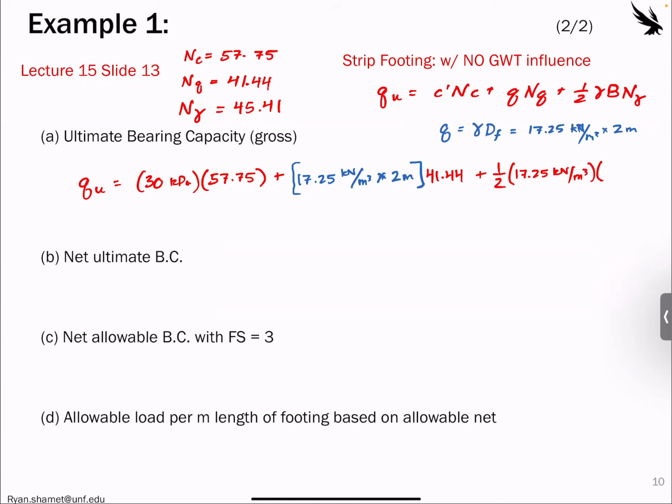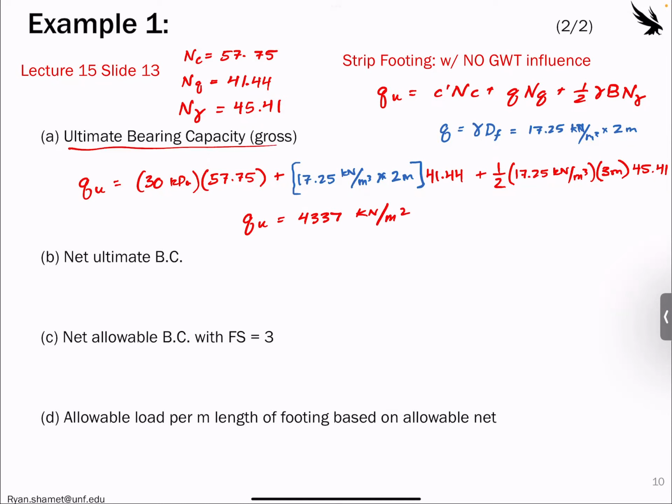Yeah, 3 meters, times the N gamma, which is 45.41. If we check our units, kPa, everything would be in kilonewtons per square meter. So our Qu, our ultimate bearing capacity of the soil, will be 4337 kilonewtons per square meter. So that's our ultimate bearing capacity.